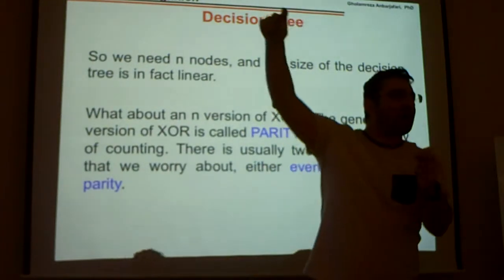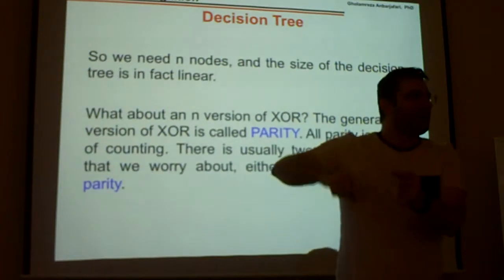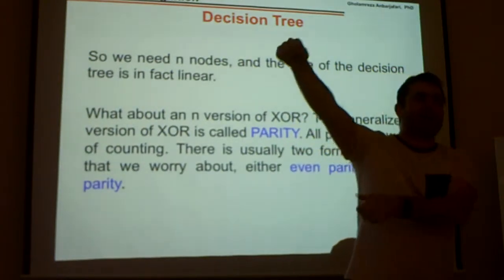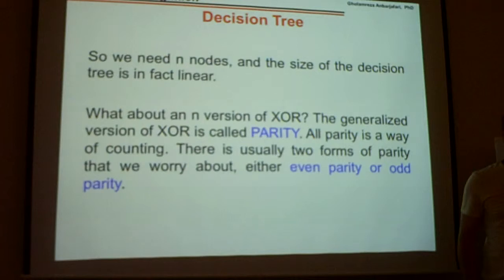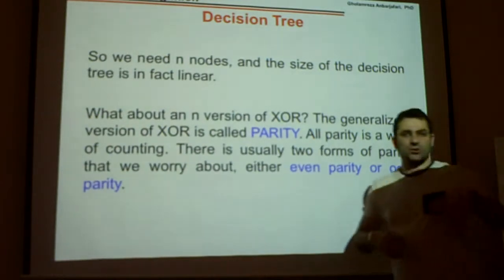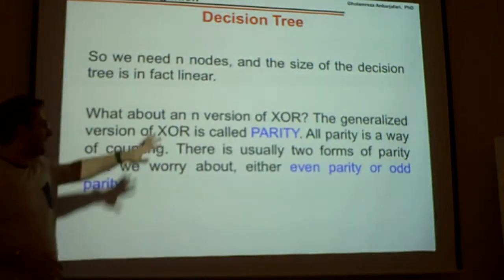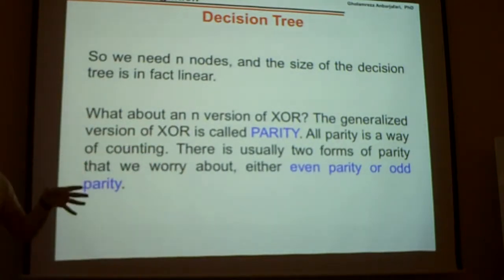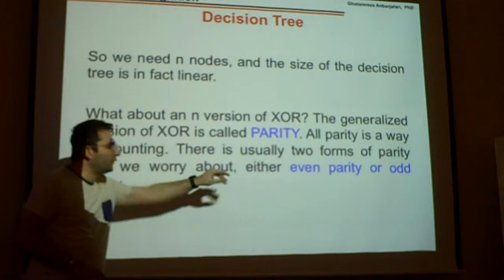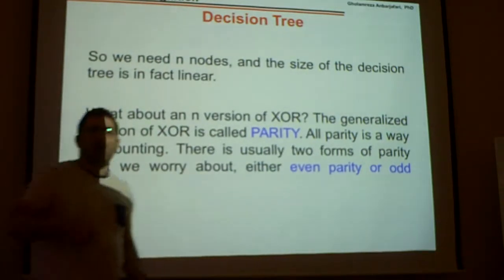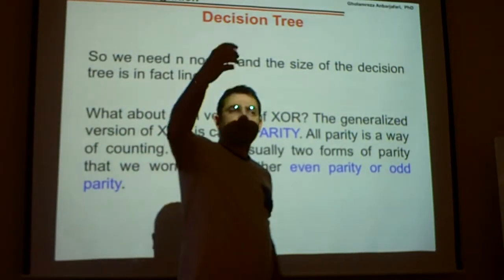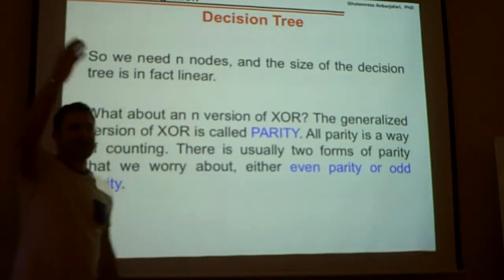And if the number of trues in a sequence is an even number, we call it even parity, which is false. Okay? So are we together regarding this parity? So XOR is called a parity function, and we have two types of parities, even and odd. And the evenness and oddness comes from the number of trues that we have in a sequence.